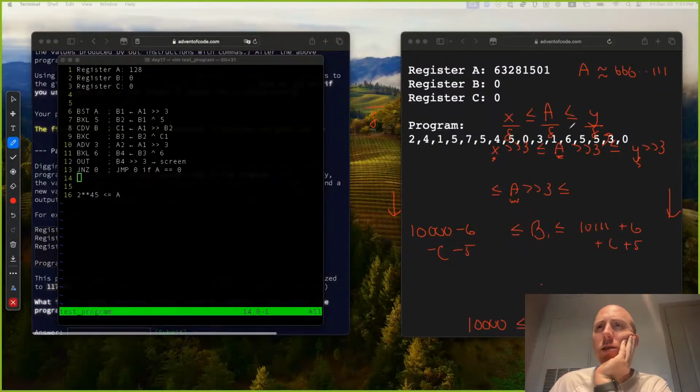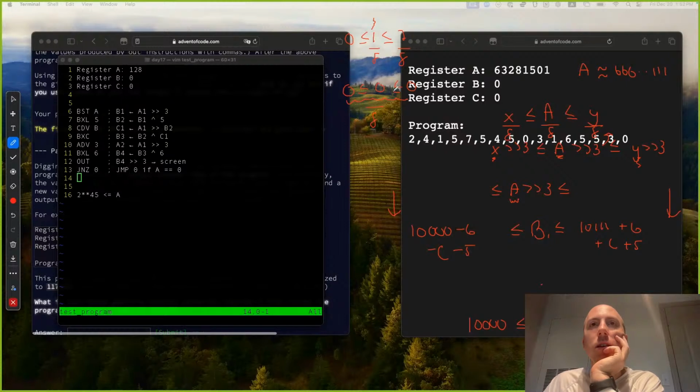I just want to make sure with actual values. If we have 1 is less than 2, which is greater than or equal to 0, and you divide these things by 8, when we integer divide them by 8, now we have 0 is less than or equal to 0, which is less than or equal to 0. So it looks a bit different than this.